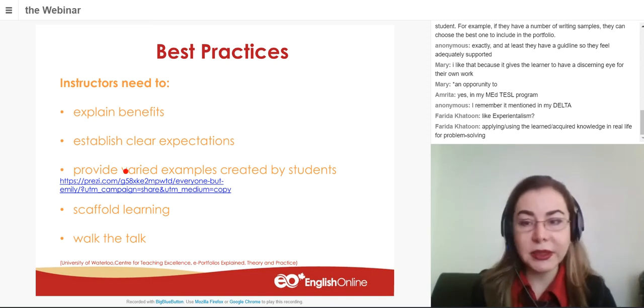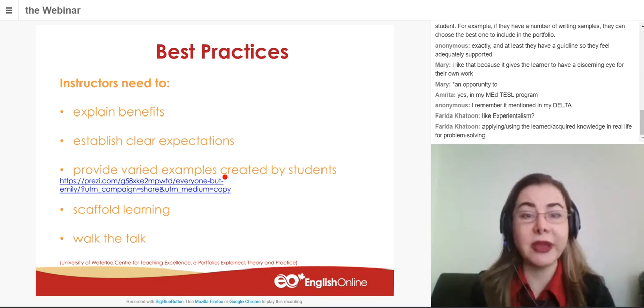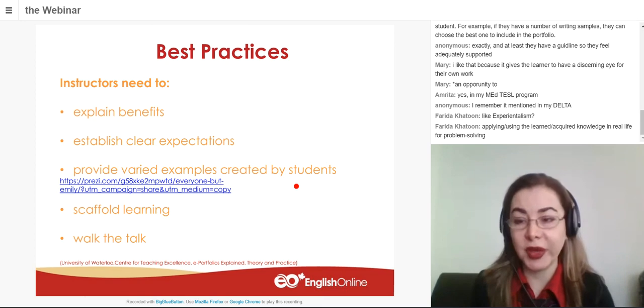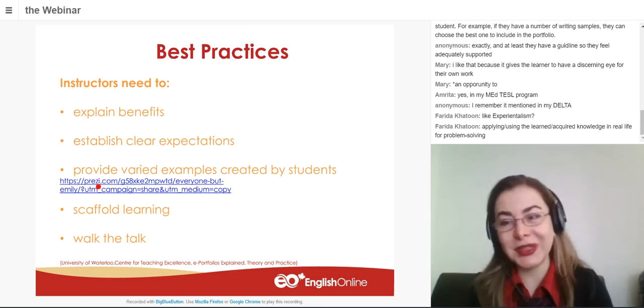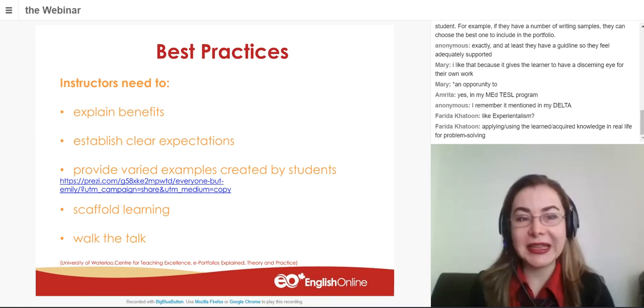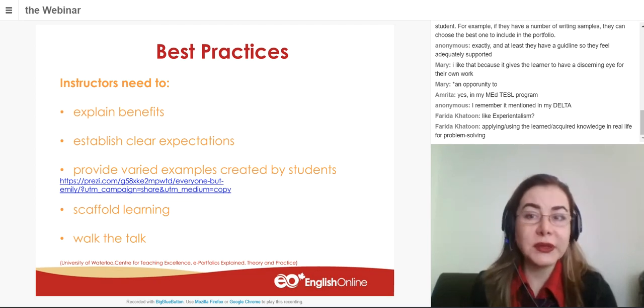And the third point here is to provide varied examples created by students. In my experience as a student as well, I find that this is very important to help learners get a clear idea of what the assignment is, or what the project they're working on looks like.